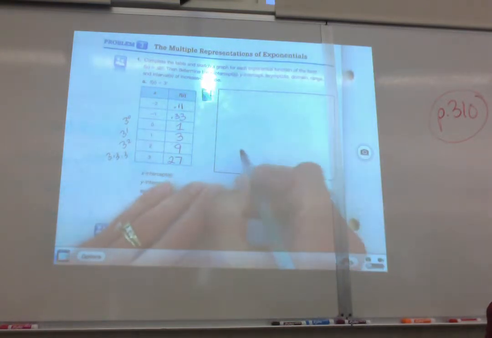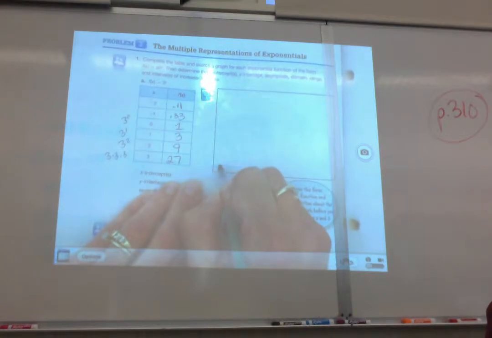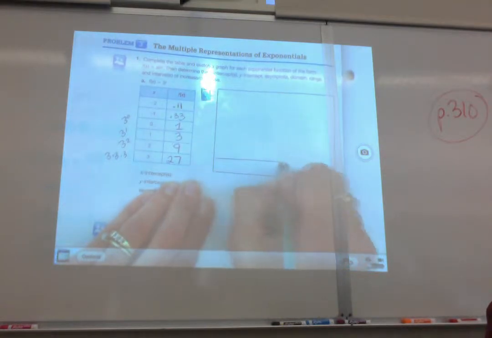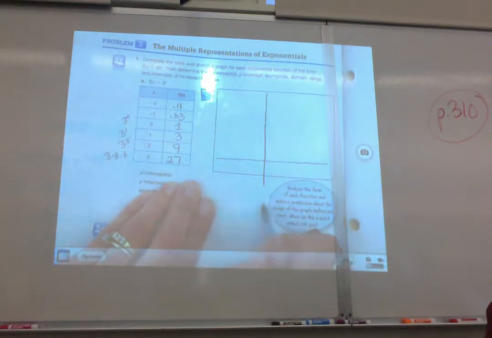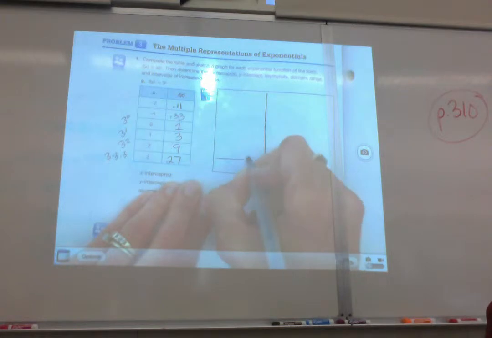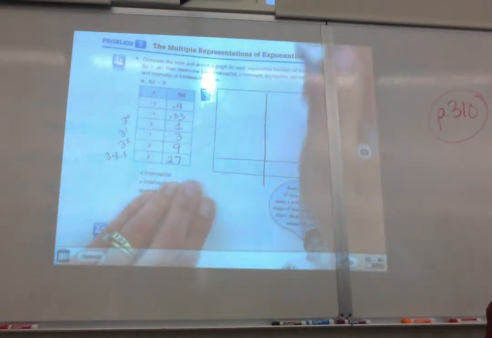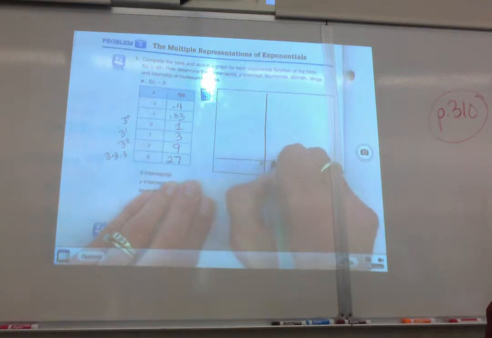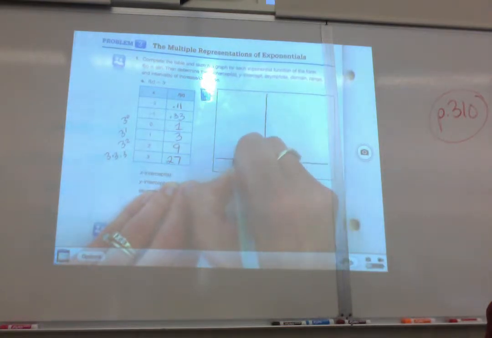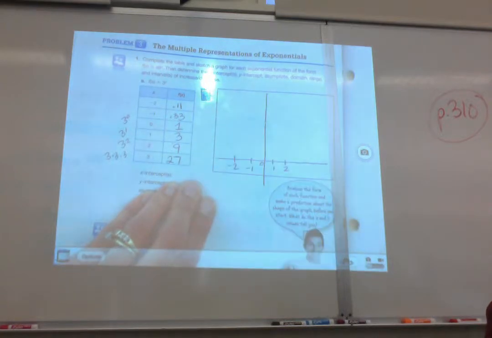If I wanted to freestyle by hand, I'm going to go like this, and my x's need to get, I don't know why I didn't put more down below. Hopefully that works for us, but I see all these big, huge numbers, so I think I just need the top. But I need 0, 1, 2, -1, -2. That's all I need on the x-axis.